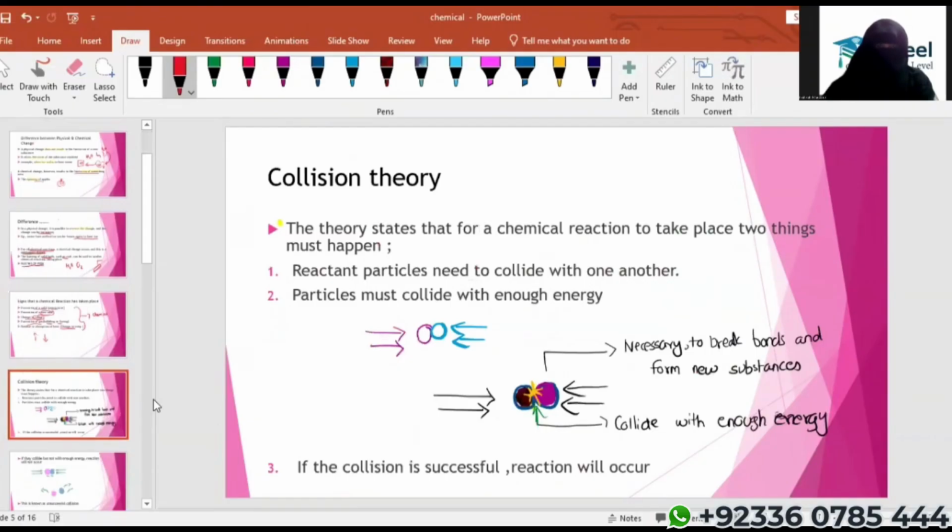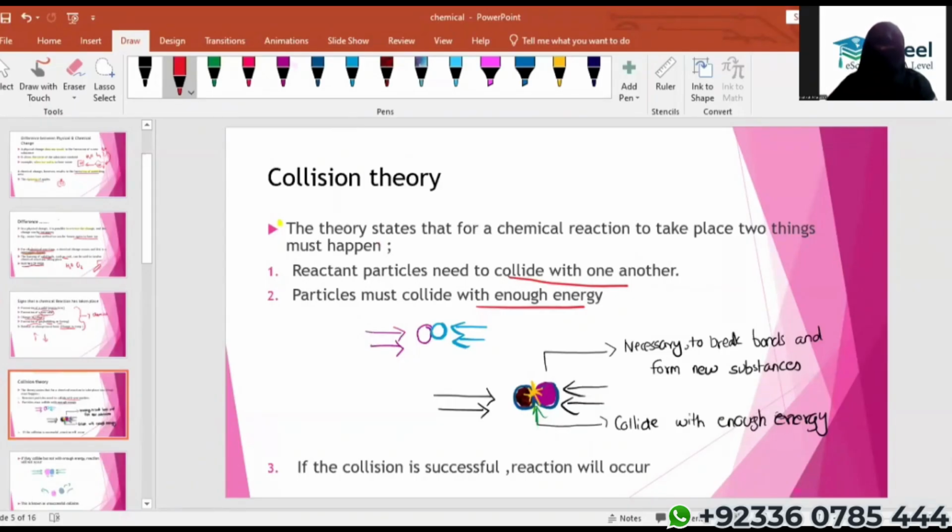Next, you need to know about collision theory in order to know what actually is happening inside. This theory states that for a chemical reaction to take place, two things must happen. The reactant particles need to collide with one another, and the particles must collide with enough energy.